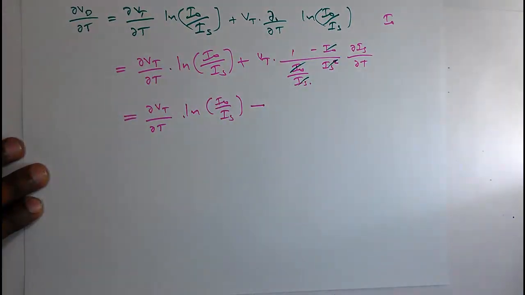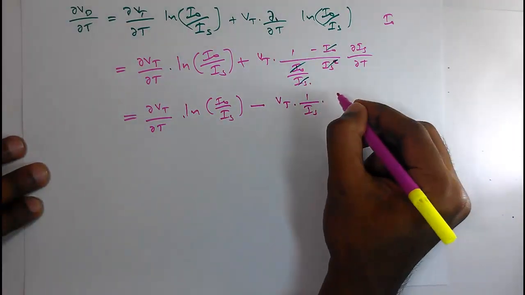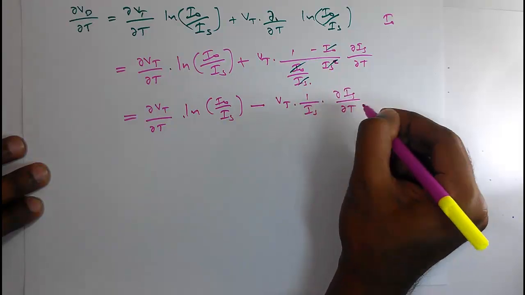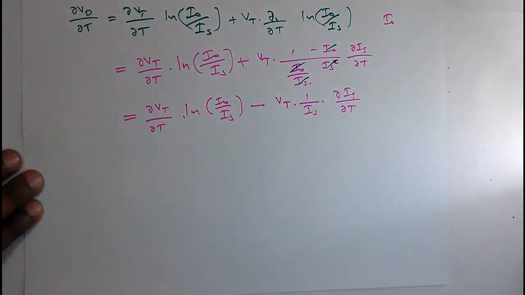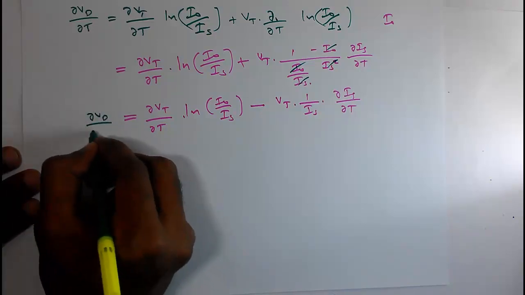So minus Vt into 1 by Is into dou Is by dou T. This is dou Vd by dou T.